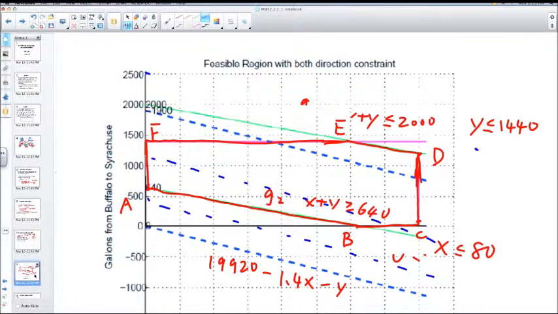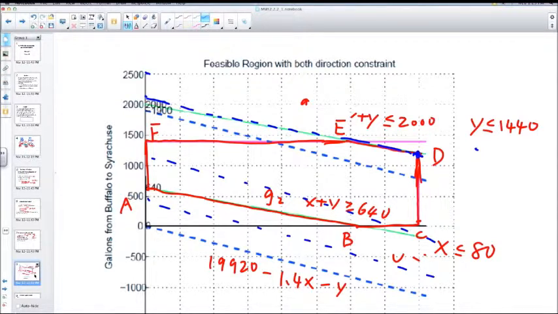But what we need is a minimum solution, to minimize this number. So when you move around, you're going to see you move to this point. Then you have a line like this. That will give you the minimum.